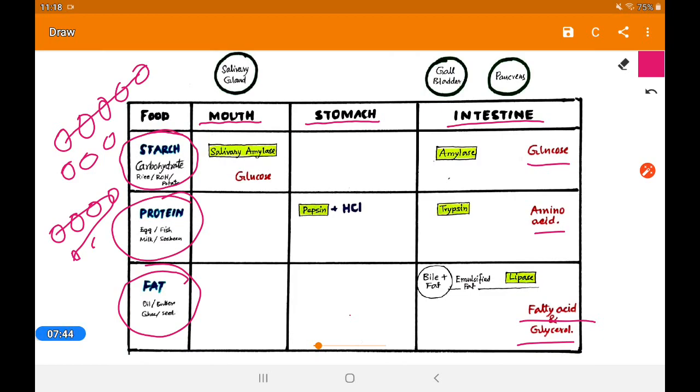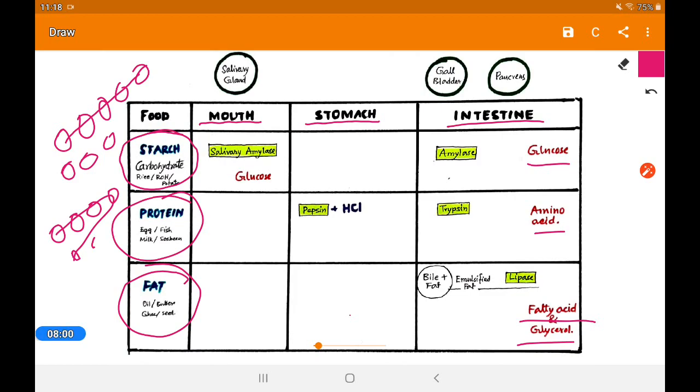So digestion is the process to make complicated food material into simpler forms so that our body can assimilate it, and it goes to the blood and we can use it.